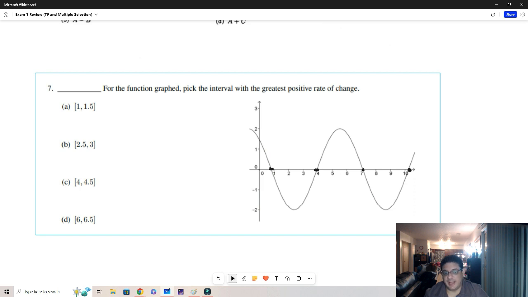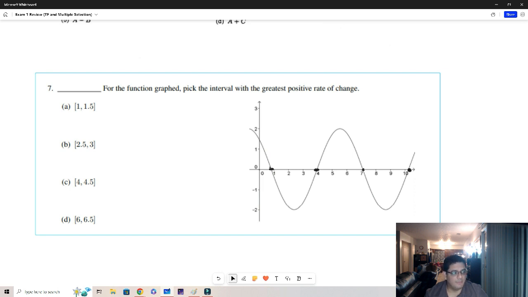As you can see, that happens because we have changes in concavity. This goes from being concave down to being concave up, then concave down to concave up. That's what determines a rate of change that is possibly at the maximum point. But we're looking for a specifically positive rate of change.